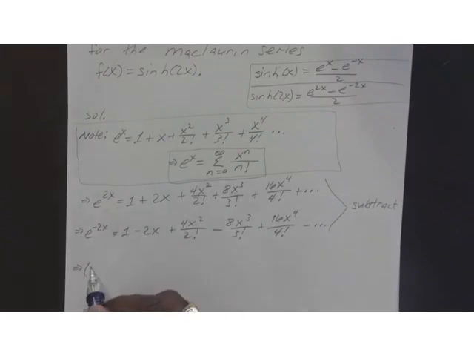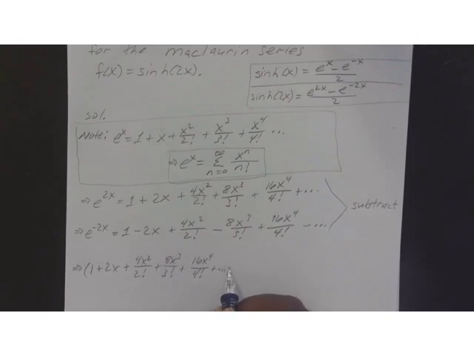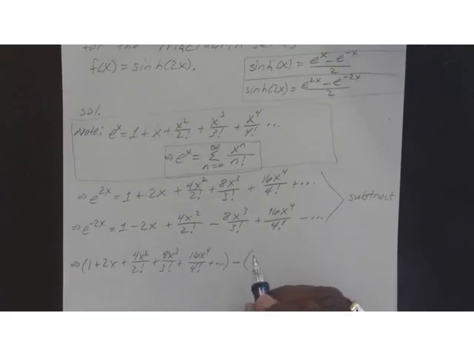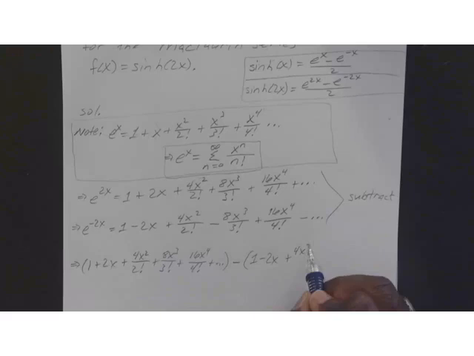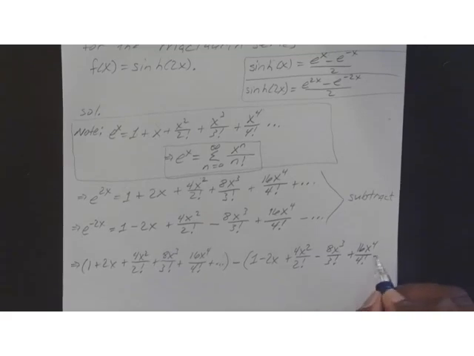So e to the power of 2x is 1 plus 2x plus 4x squared over 2 factorial plus 8x to the third power over 3 factorial plus 16x to the fourth power over 4 factorial, and it keeps on going, minus e to the power of negative 2x, which is 1, minus 2x, plus 4x squared over 2 factorial, minus 8x to the third power over 3 factorial, plus 16x to the fourth power over 4 factorial, and it keeps on going.